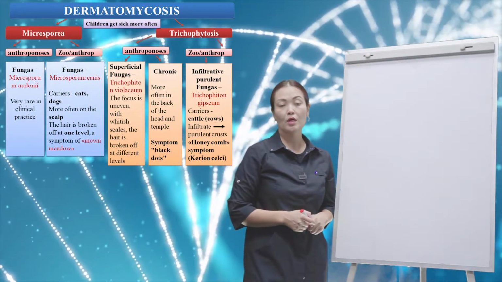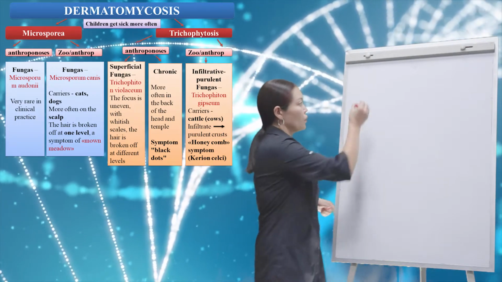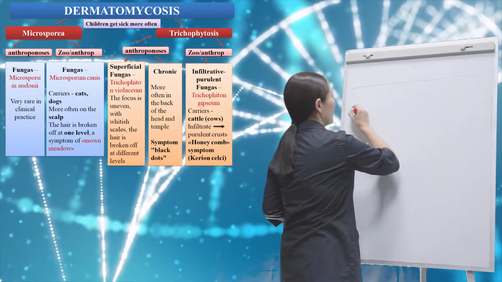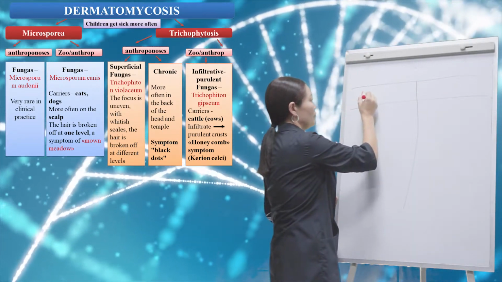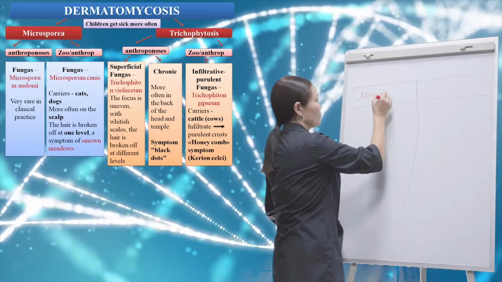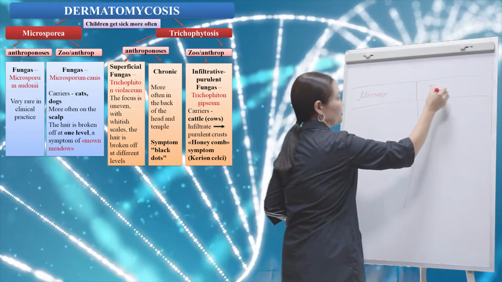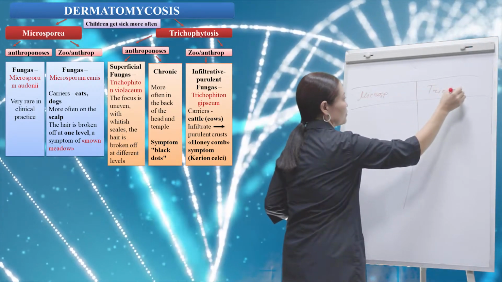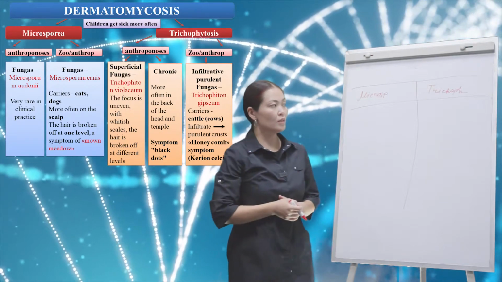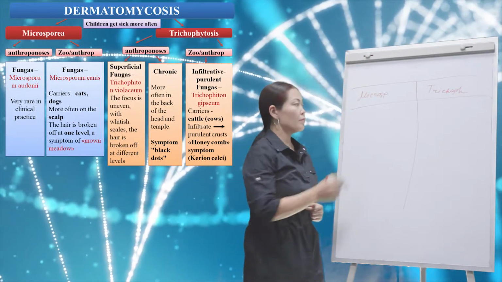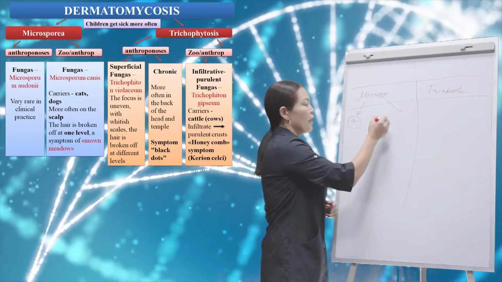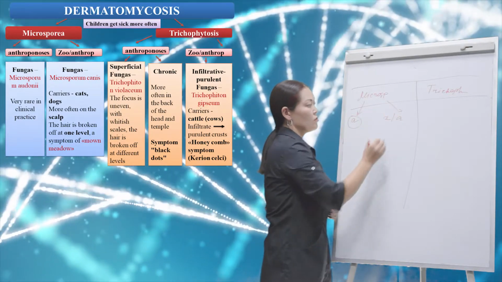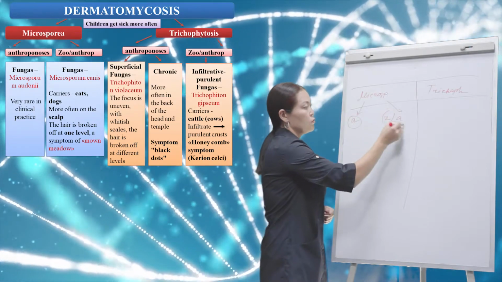Next, two subgroups of dermatomycosis we call Microsporia and Trichophytia. We say that this type of fungal infection can be anthroponosis, transmitted from person to person, and also zooanthroponosis, transmitted from animal to person.